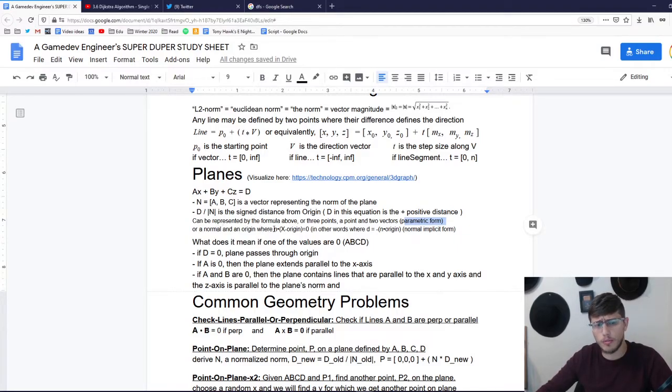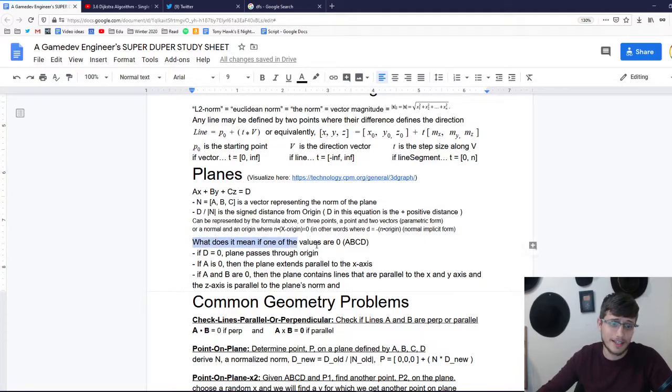So this is called the normal implicit form, and that's where you have a normal times basically x minus the origin equals 0. So in other words, this is going to be d is equal to negative n times the origin. So this is the normal implicit form, and it's just another way to represent this. We're going to be talking more in depth in this in the next video, so we'll start solving some problems where you need to use that.